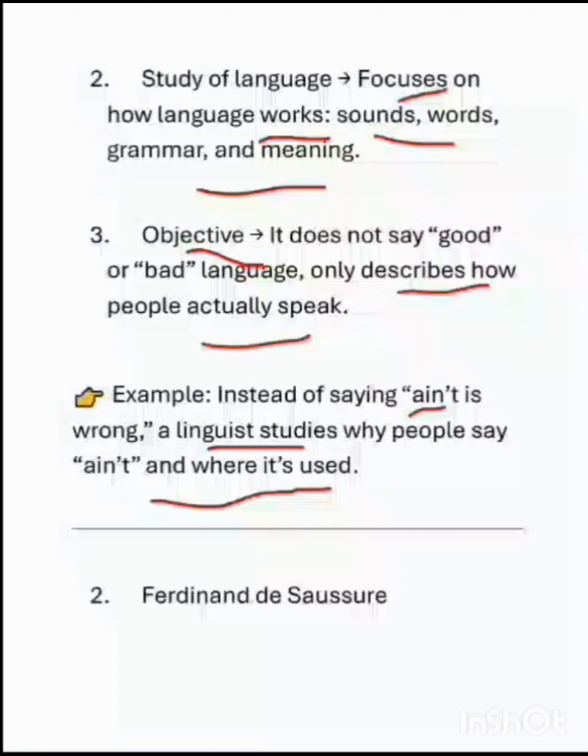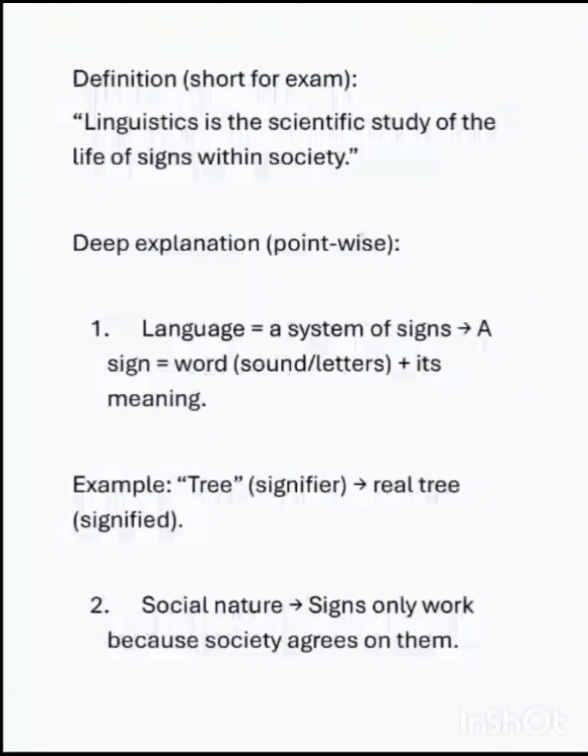Then what did Ferdinand de Saussure say about linguistics? That linguistics is the scientific study of the life of signs within society. In the earlier video I talked about what a sign is. A sign equals a word plus its meaning.